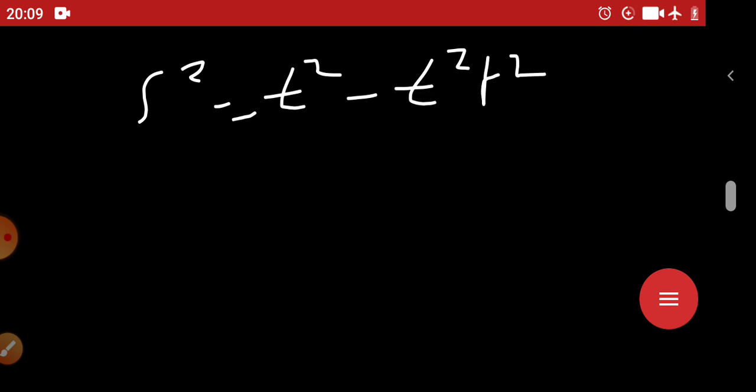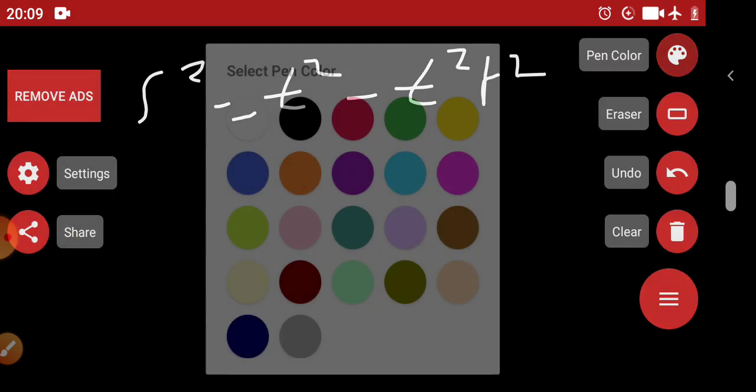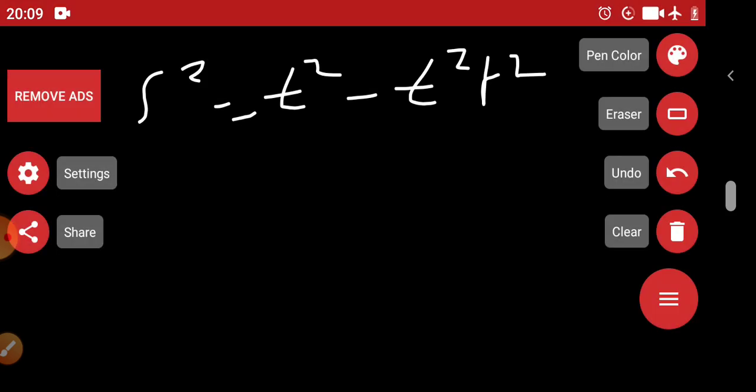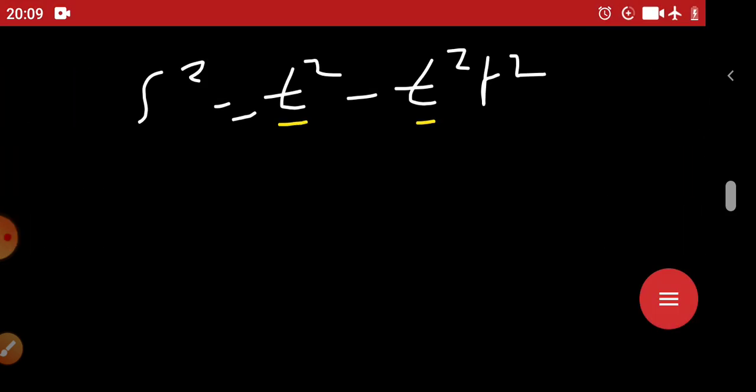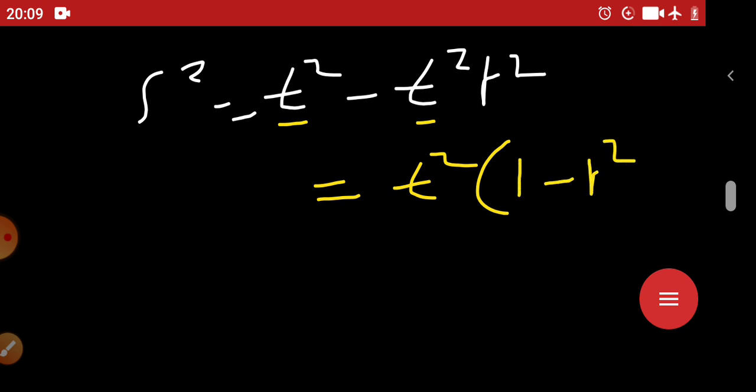Now what we'll do, because as you can see we have t squared here and t squared here, we need to factor out the t squared. If we put t squared out, inside we have 1 minus r squared, and the left hand side we have s squared.